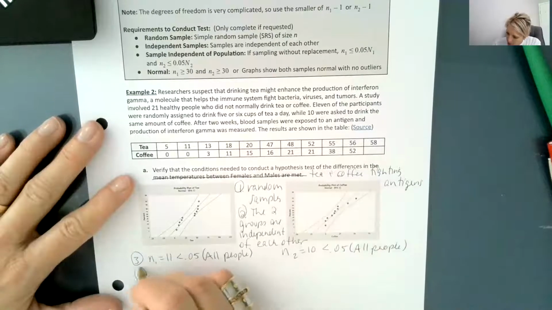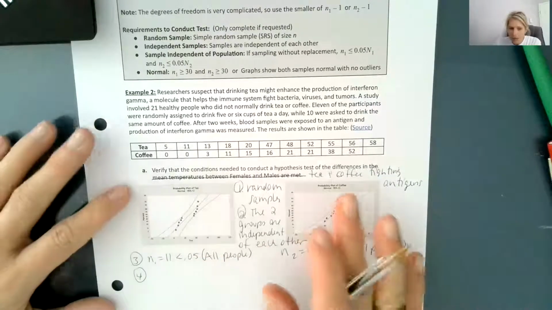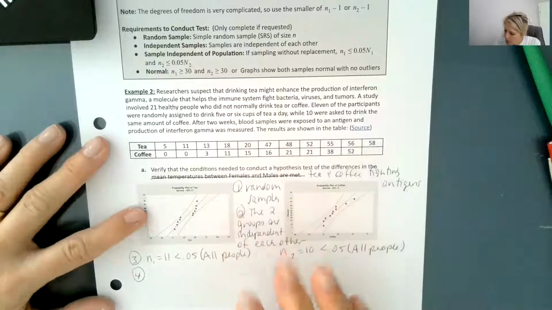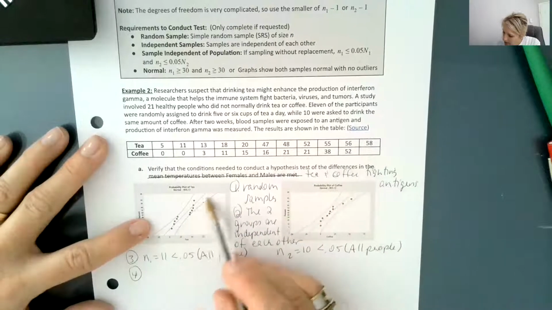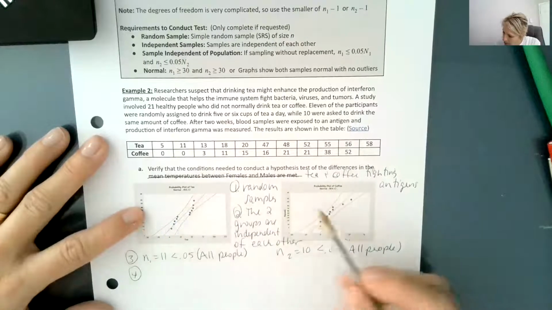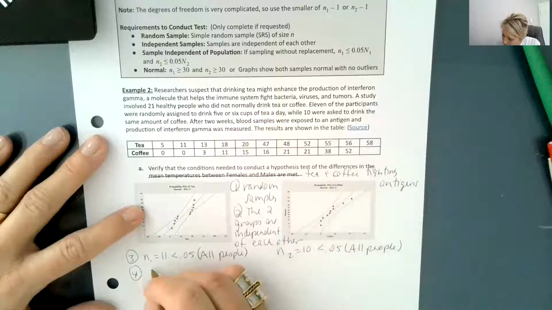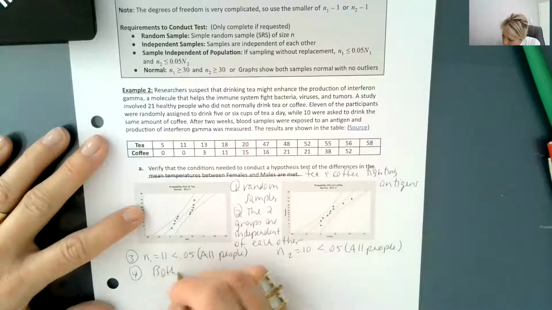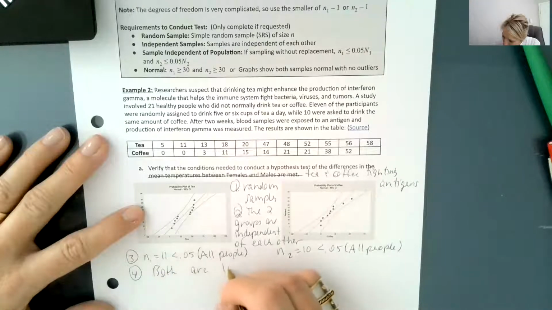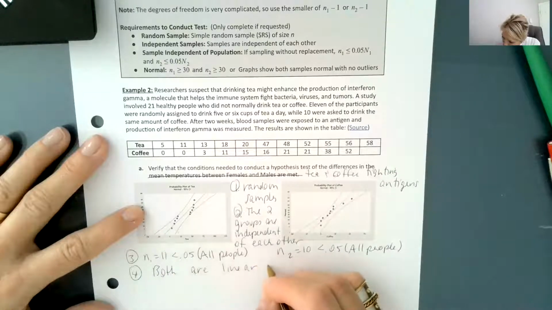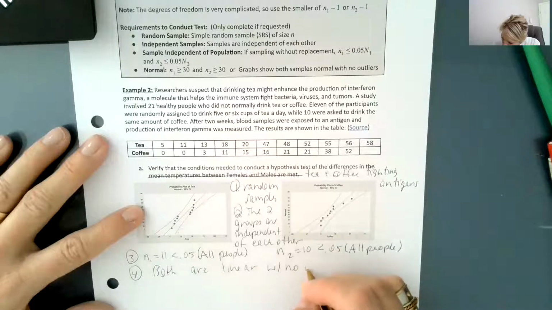And then the fourth thing is our sample sizes are small, so we have to use the normal probability plot. And these boundaries here show that it is normal and there's no outliers. So both are linear with no outliers.